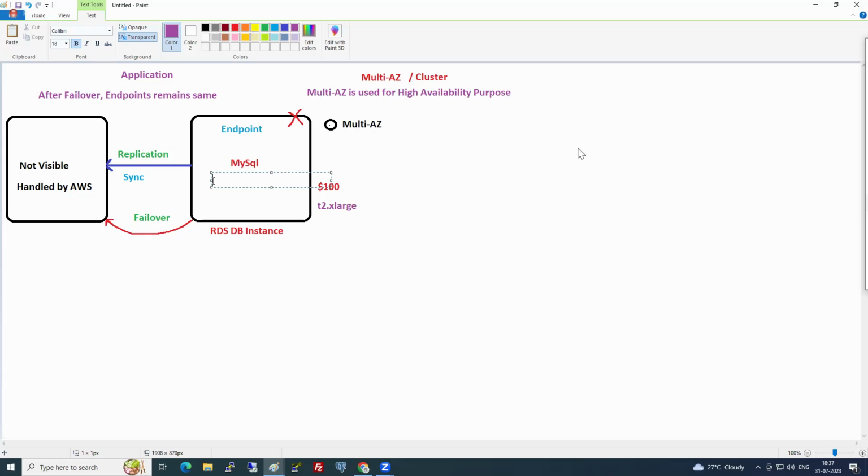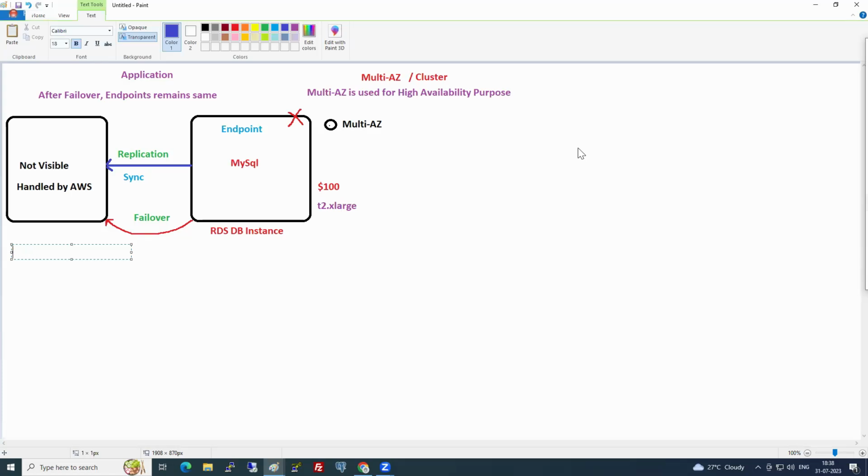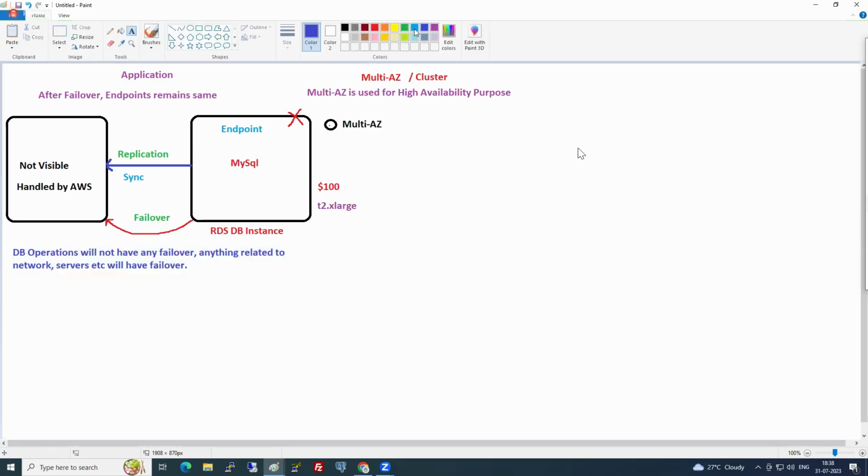DB operations will not have any failover. Anything related to network, servers, etc. will have failover. You got this? These are all certification questions, guys.